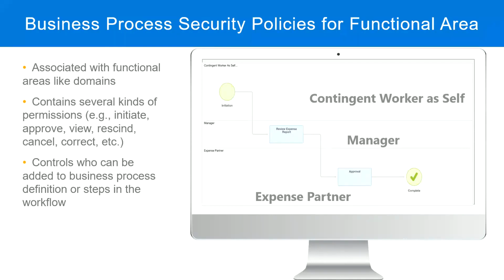So each of those kinds of things will be controlled by the business process security policy. Okay. And another important thing is the business process security policy also controls who can be added to the business process definition or steps in the workflow.